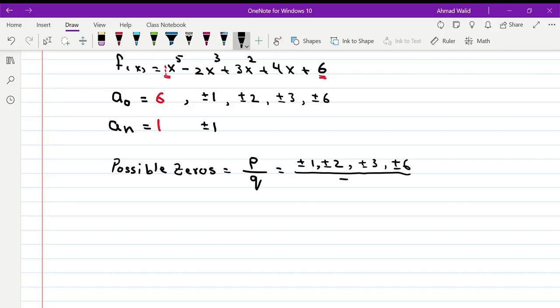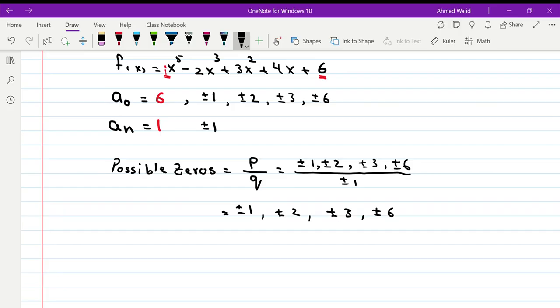And any number divided by plus minus 1 gives you back the number. It means your possible zeros will be plus minus 1, plus minus 2, plus minus 3, and plus minus 6. These are the possible zeros of the given polynomial function.